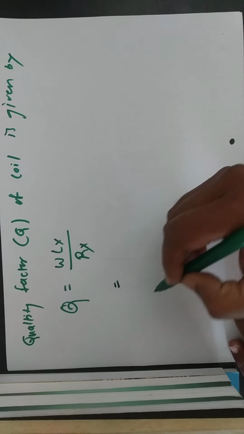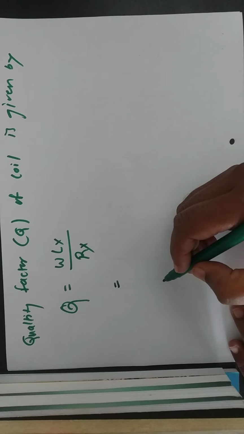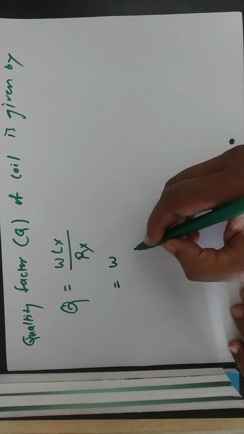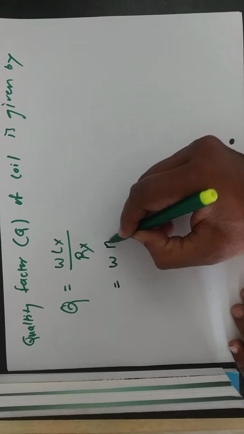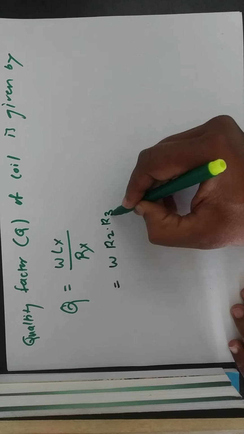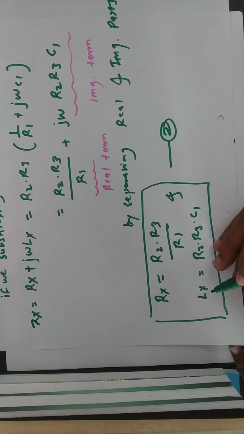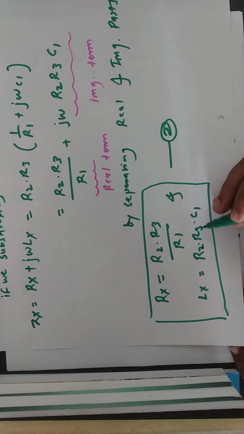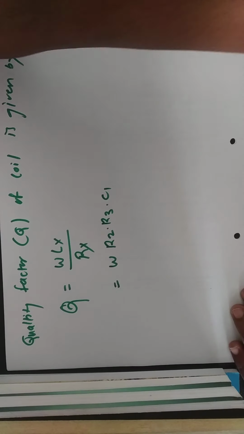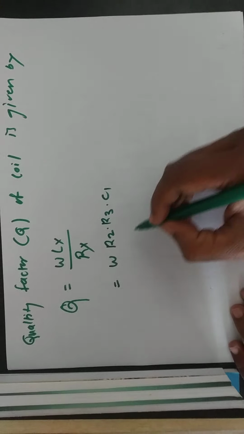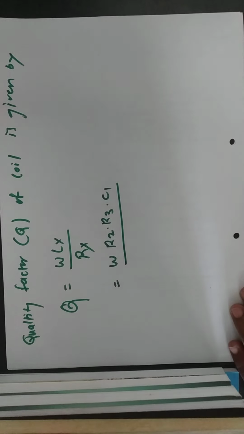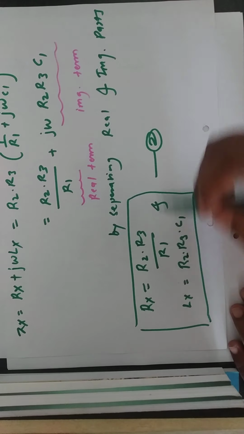And from the previous equation we know that Lx is nothing but R2 into R3 into C1. So from the previous equation we have Lx as R2 into R3 into C1, divided by the value of Rx. Rx is R2 into R3 divided by R1.